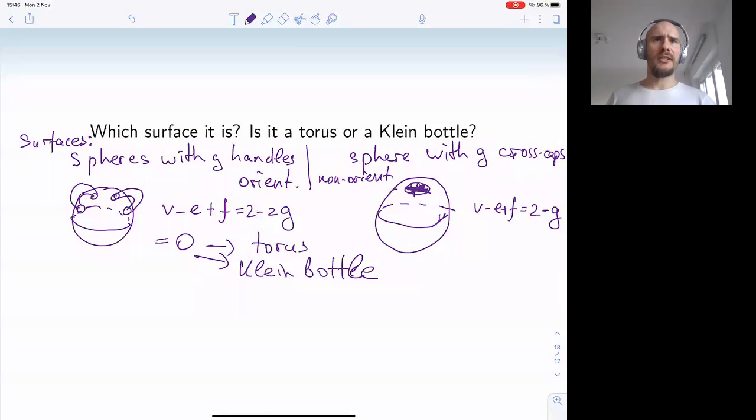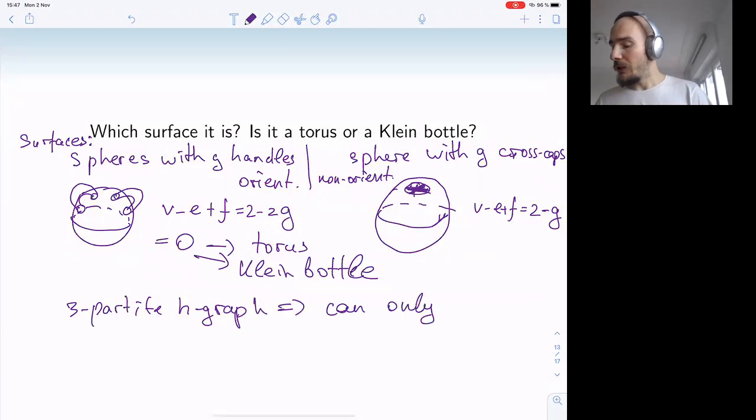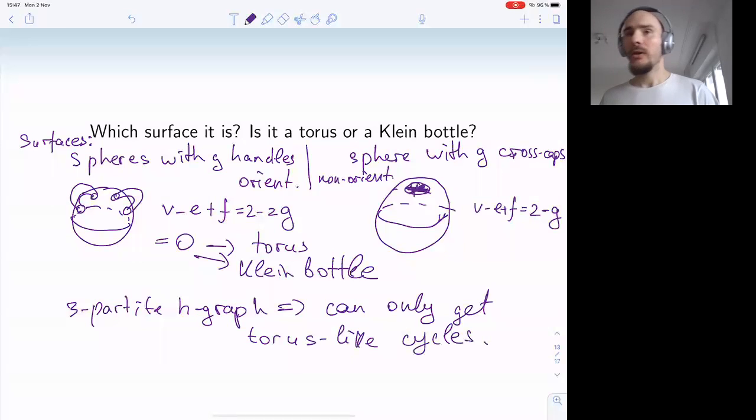But for this topological cycle, after thinking for a bit and being confused, we realized that if we have a tripartite hypergraph, then we can only get, I'll write it, torus-like cycles.